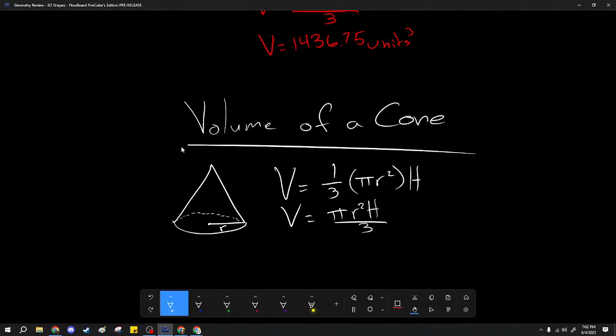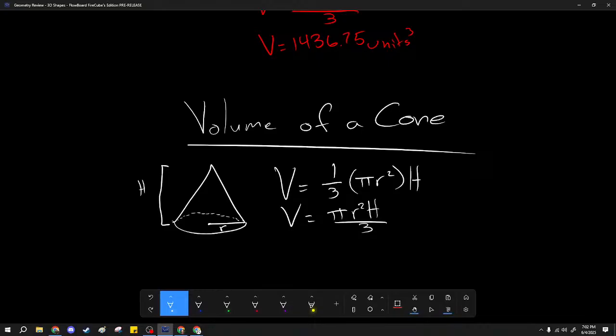So this time the idea of the distance between the two bases won't work. What will work is understanding that this time there is no other height to be confused with. There is no height that goes into this area formula. It is just the radius. The only height that we work with is the height of the figure. I'm still keeping it capital H because the capital H signifies that we're working with 3D shapes.